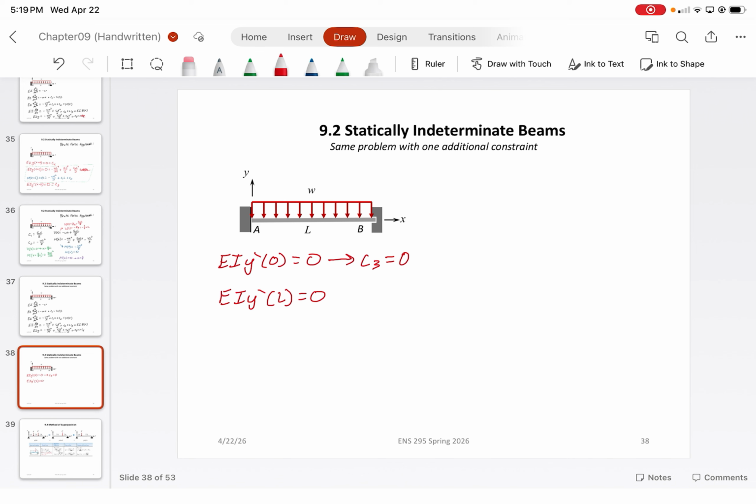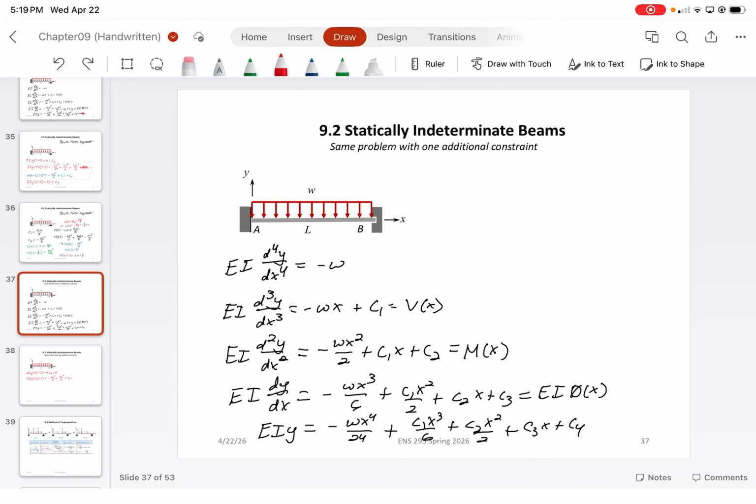And then EI y prime of L, when you plug all of that in, you would get that this is equal to negative WL cubed over 6 plus C1L squared over 2 plus C2L plus C3, which is technically equal to 0. So we know that C3 in this case is 0.